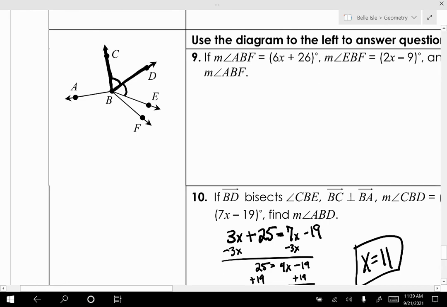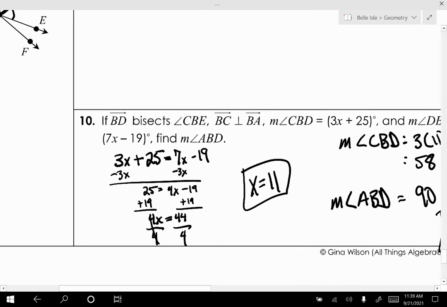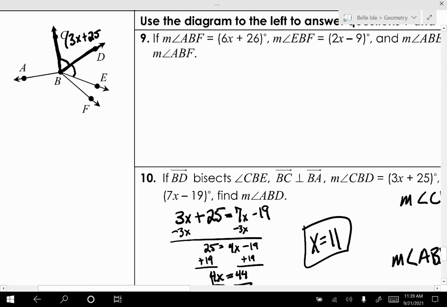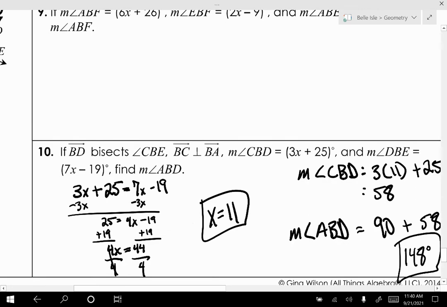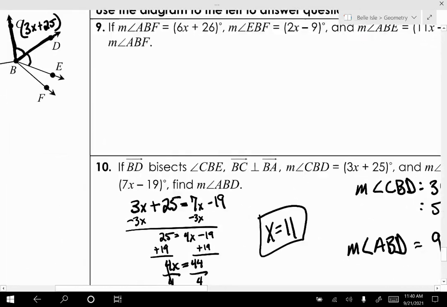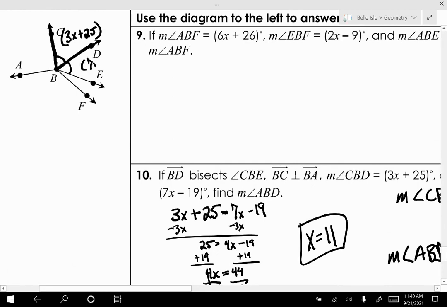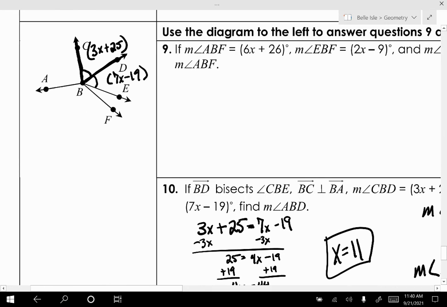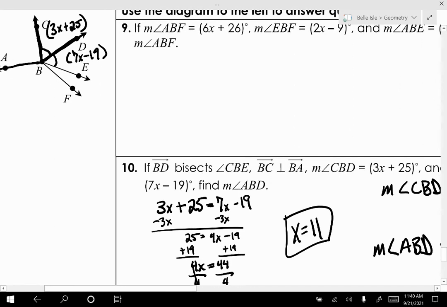The measure of angle CBD is going to equal 3x plus 25. And then you have the measure of angle DBE, which is 7x minus 19. We are looking for BD, correct?